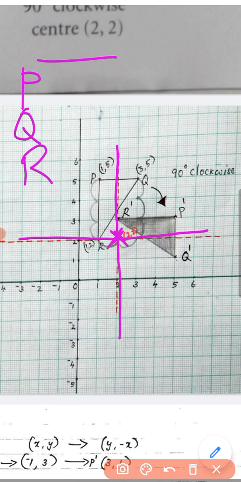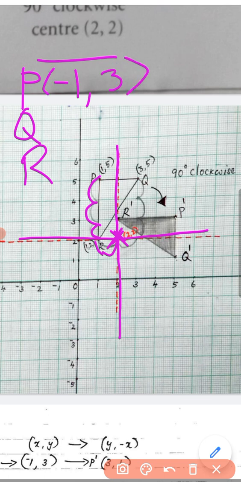So children, the new coordinates are, start from here. First we are finding P: 1 unit to the left, so -1, and 3 units up, so -1, 3.